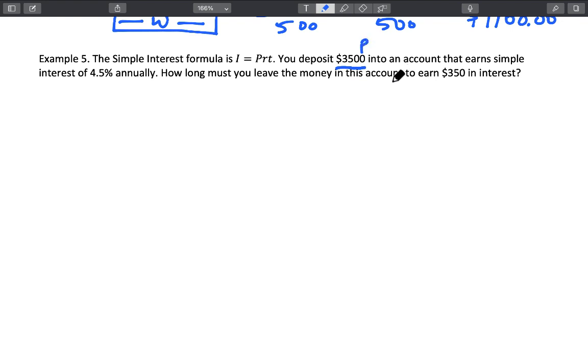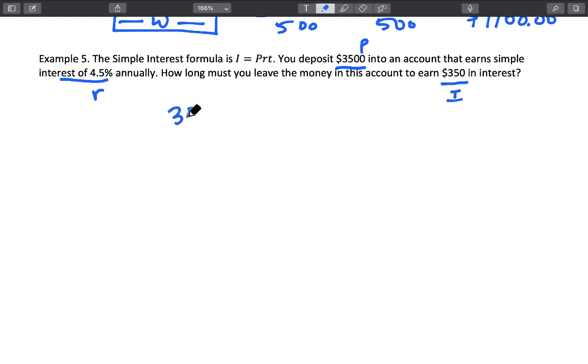That's your P value into an account that earns a simple interest rate of 4.5% annually. How long must you leave the money in this account to earn $350? All right, so this 350 is going to represent our I, our interest. We know our P and our R. We need to solve for T.